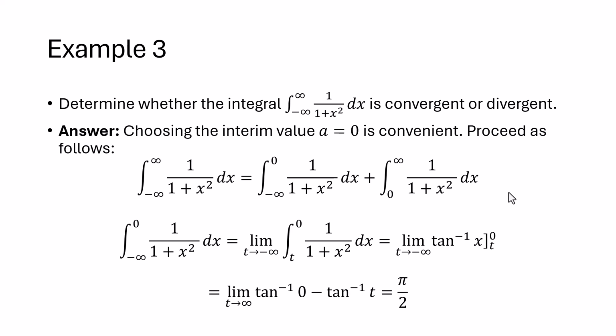So we have the limit as t approaches negative infinity of the inverse tangent of x evaluated from t to 0. We substitute those values in. The inverse tangent of 0 is 0. And when I take the limit as t approaches negative infinity of the inverse tangent of t, we get pi over 2.